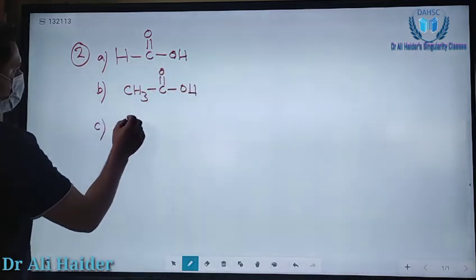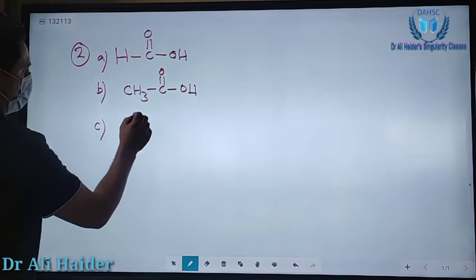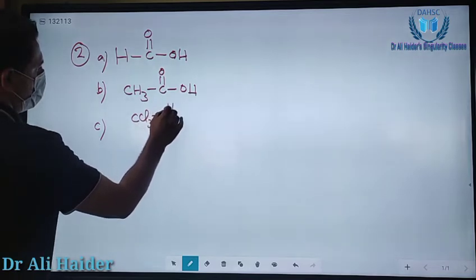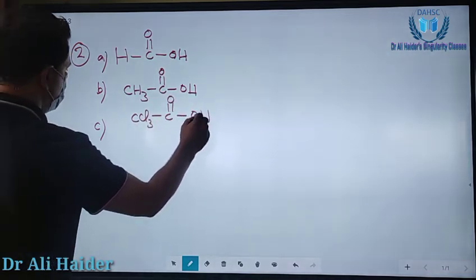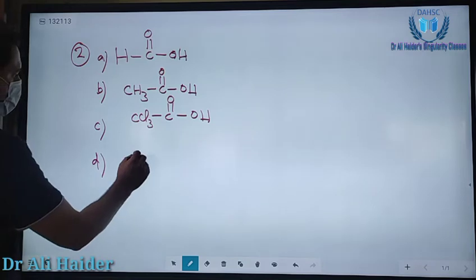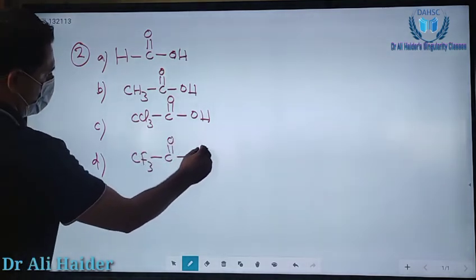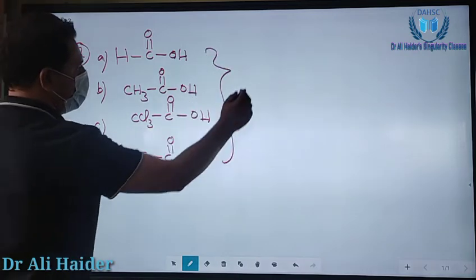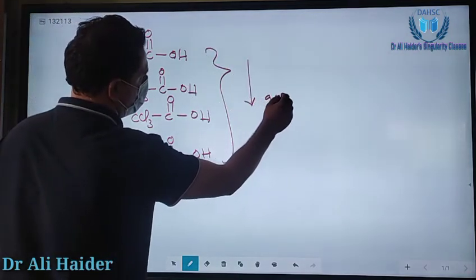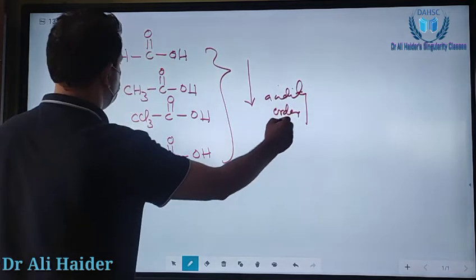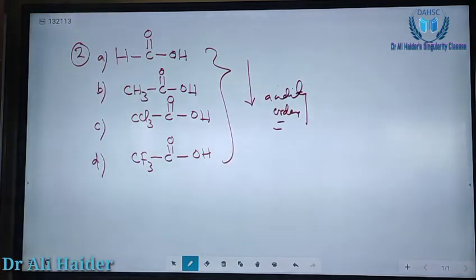Example number C is, suppose, CCl3 C double bond O, OH. Example number D is CF3 C double bond O, OH. Again, if I ask you to give a decreasing acidity order, what will be the decreasing acidity order? Which one will be most acidic?